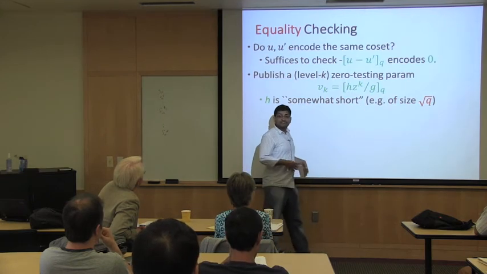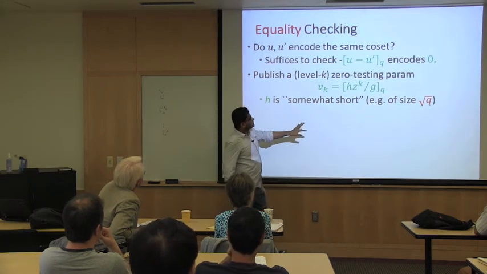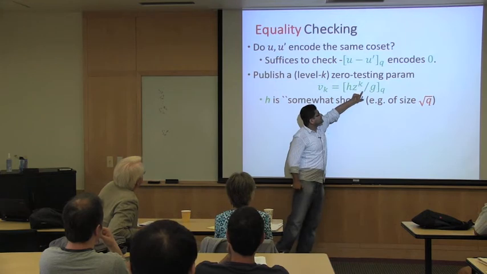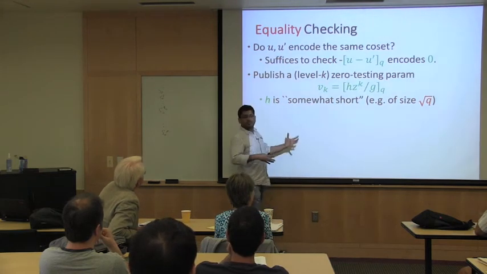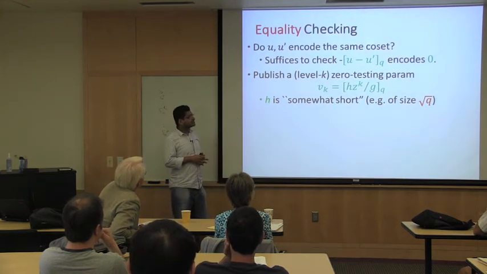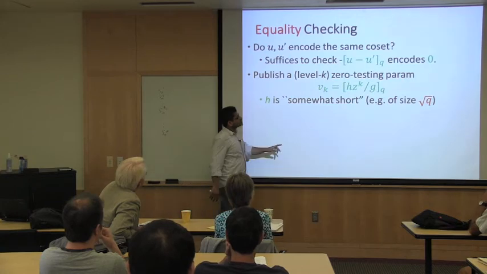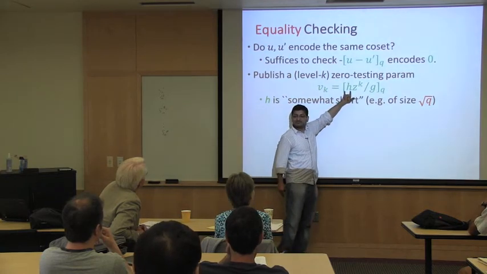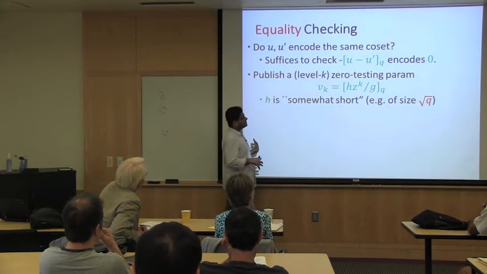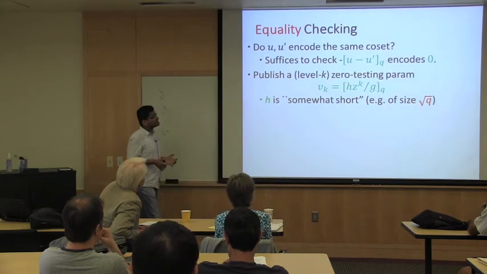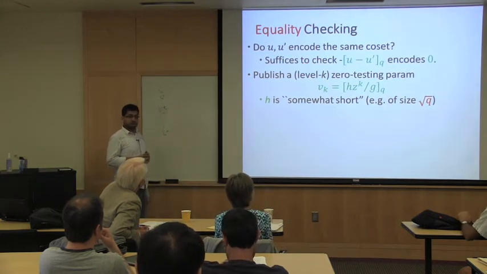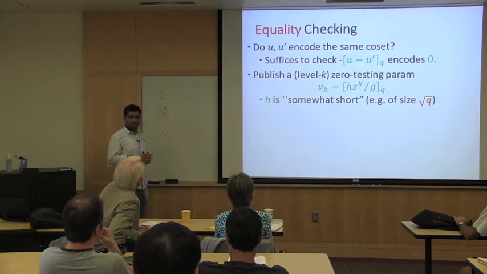And we have g divided here, and giving this thing by itself is bad, because then you're giving something which you can multiply with things. So we add this noise parameter next to it, a random value of size, say, root q. It's a large enough value.